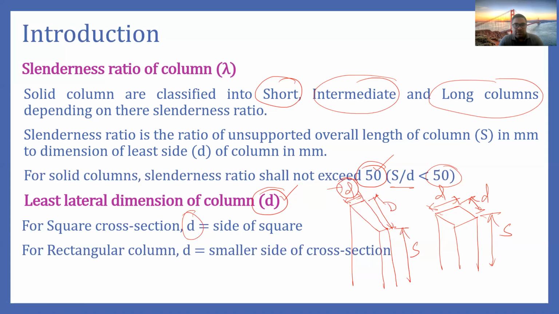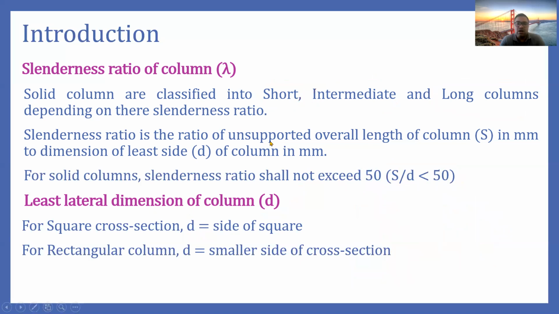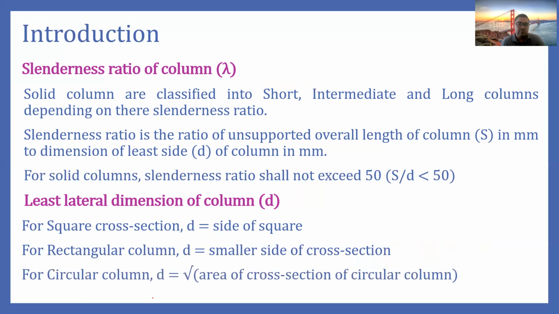Now, similarly, if we have a circular column, how do we find the least lateral dimension? Ideally it should be the diameter, but in timber column design, we don't take the diameter as the least lateral dimension.